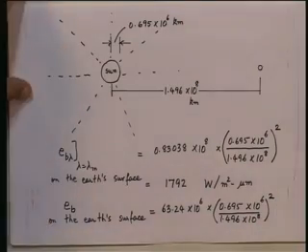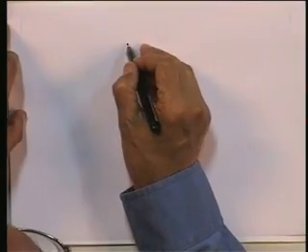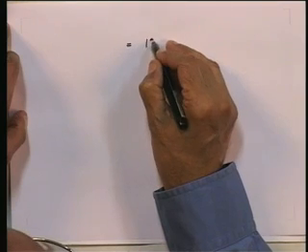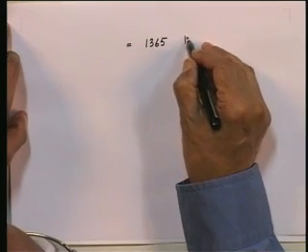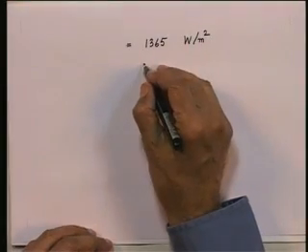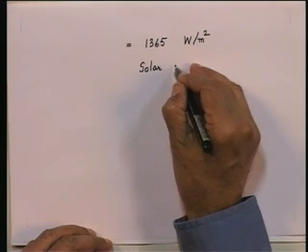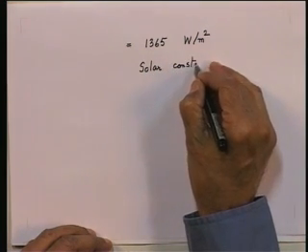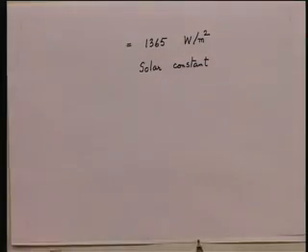If you calculate it, you will get the value to be 1365 watts per meter squared. So, that is the flux received at the earth's surface, E b as received at the earth's surface emitted from the sun. This particular quantity is in fact called the solar constant.